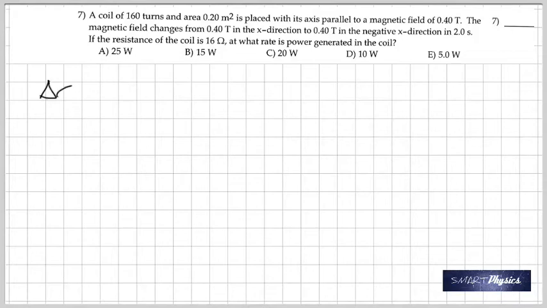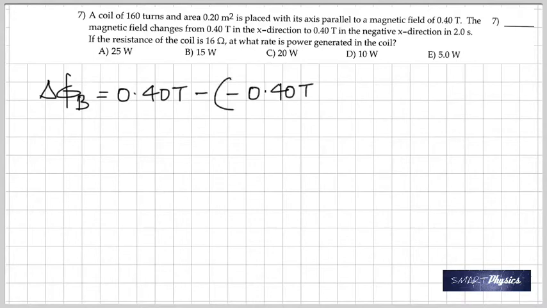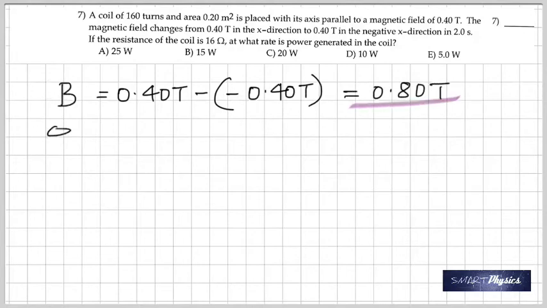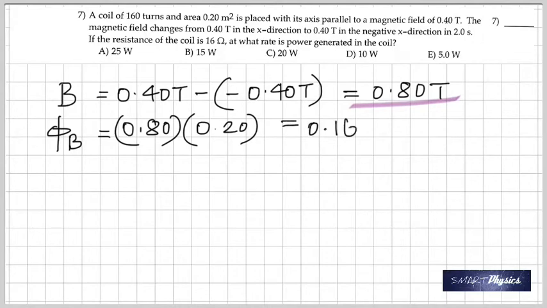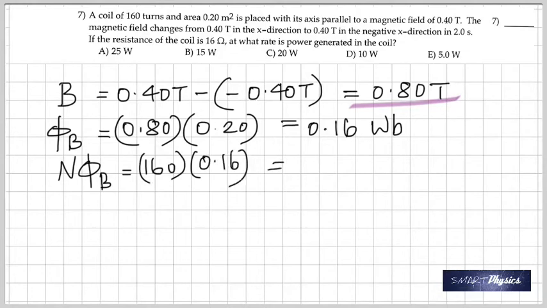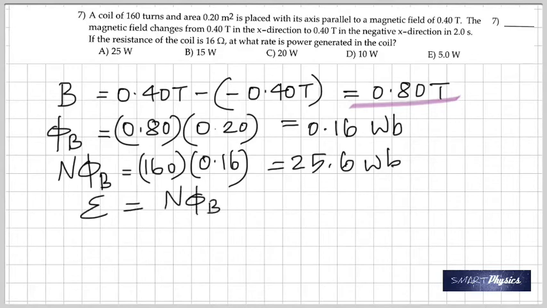Now that means the change in B is 0.8 Tesla, because it goes from positive 0.4 to negative 0.4. From that you can find the change in flux by multiplying the area with that. You get 0.16 Weber. And then because there are 160 turns, the total flux change is N delta phi B, which is 25.6.